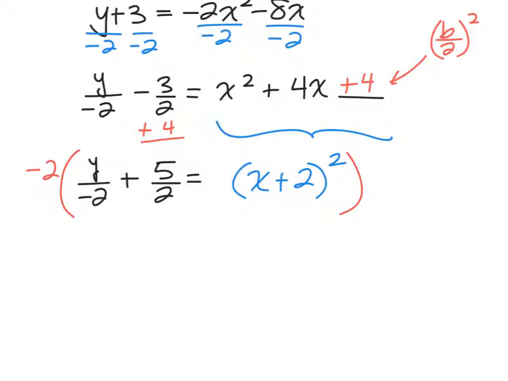So y minus 5 equals -2 times (x plus 2) squared. In this case, it made it a lot nicer to work with. So that was a good move. The last step would be to add the 5.